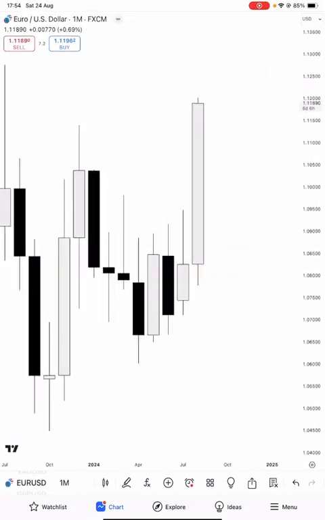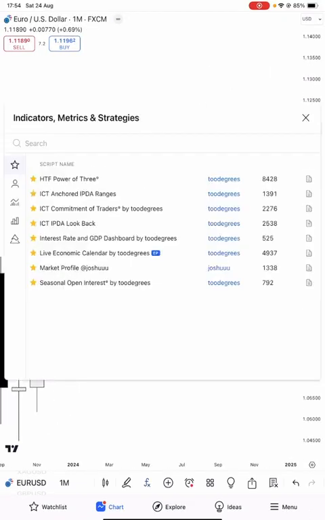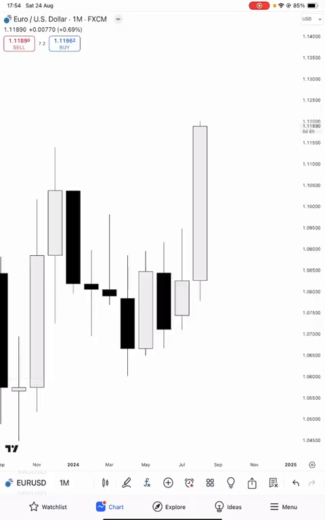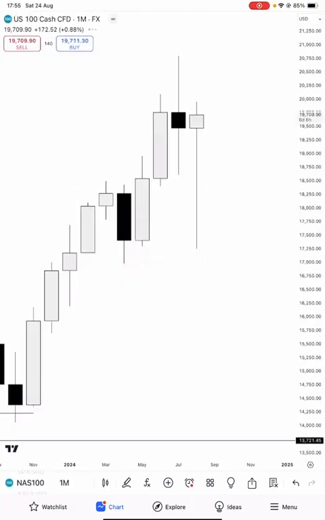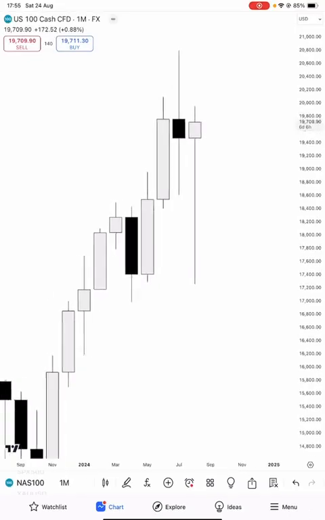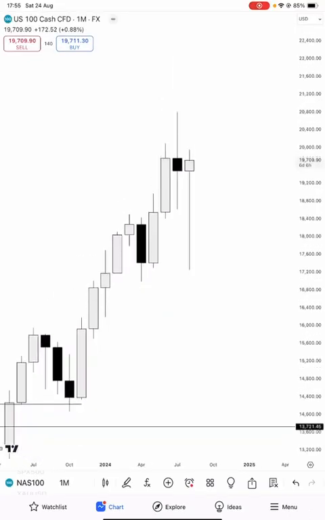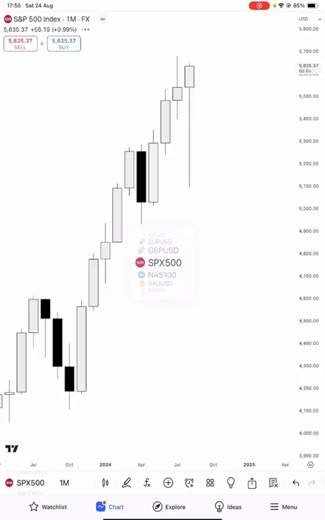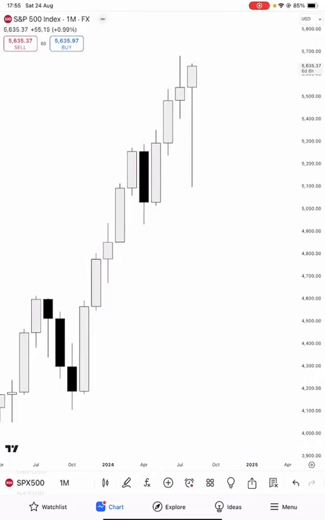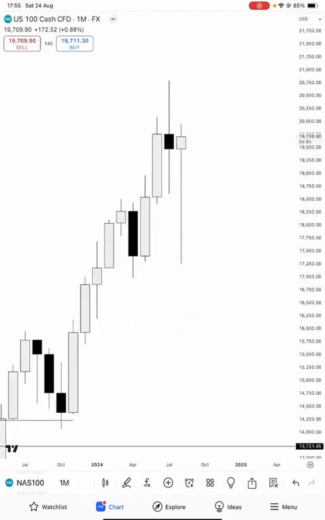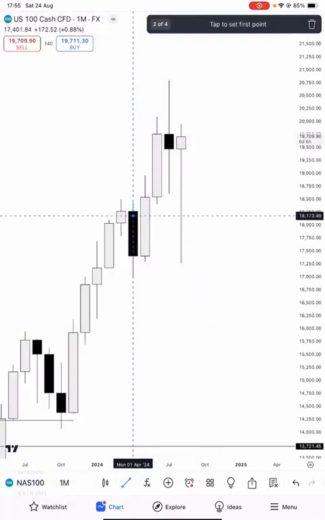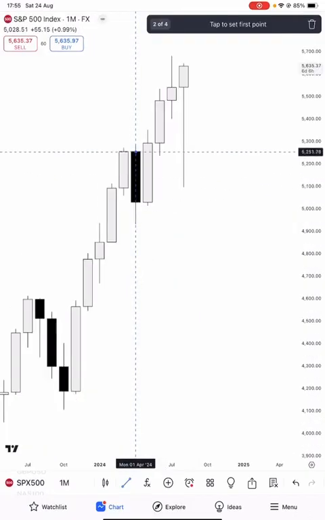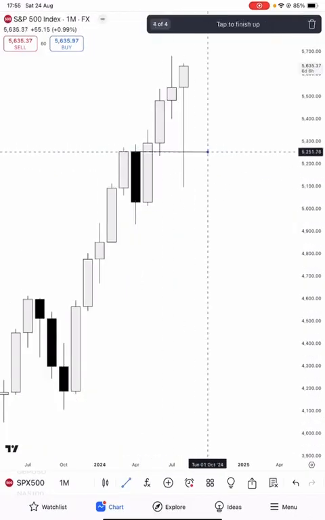Maybe GU, it was GU, no, Euro. I don't remember where it was. Nasdaq, okay. Yeah, recent price action. Yeah, because I traded this. Okay, not Euro. Yeah, I remember. So, see, this is an example.